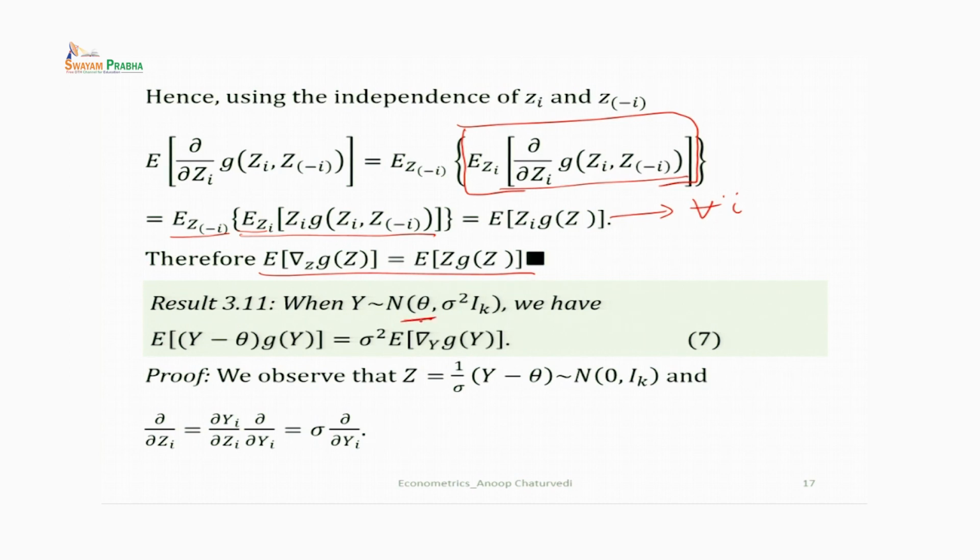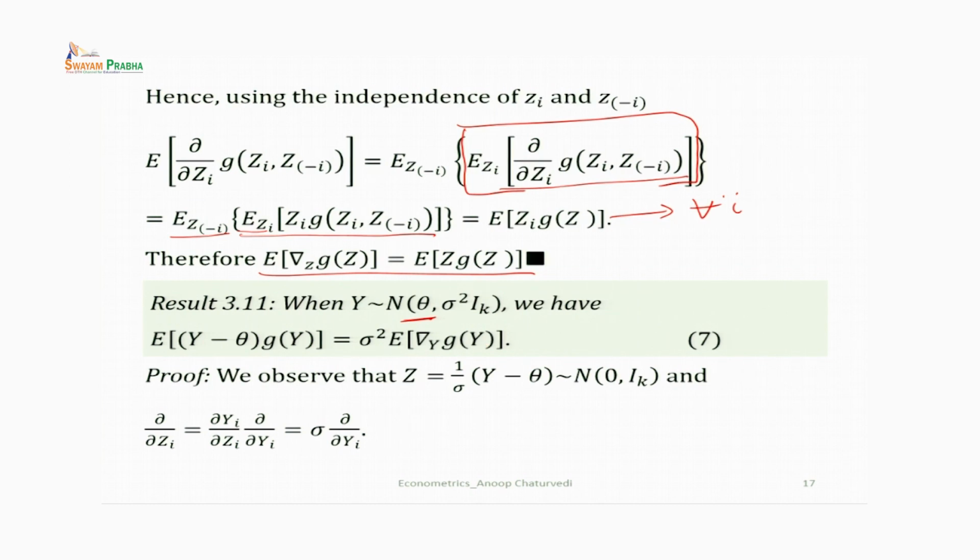Now, suppose y follows a normal distribution having mean vector theta and variance covariance matrix sigma square I k. Then we have expectation of (y minus theta) g(y) is equal to sigma square expectation of del y g(y).